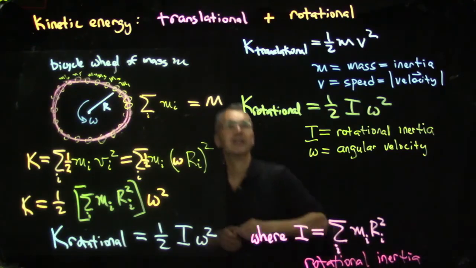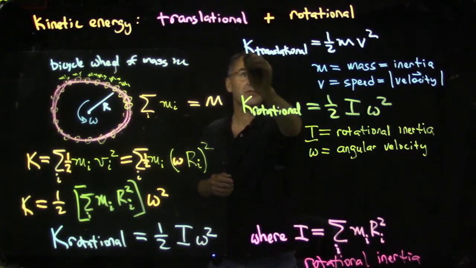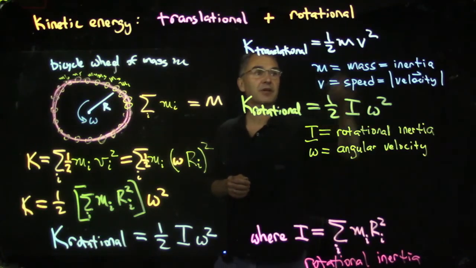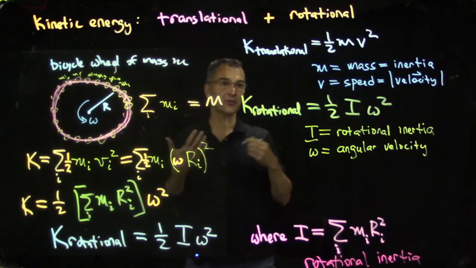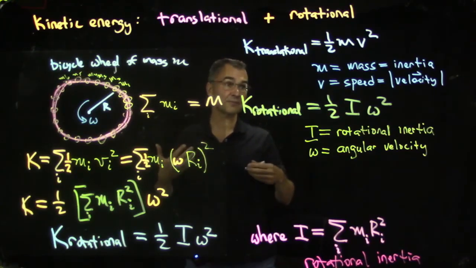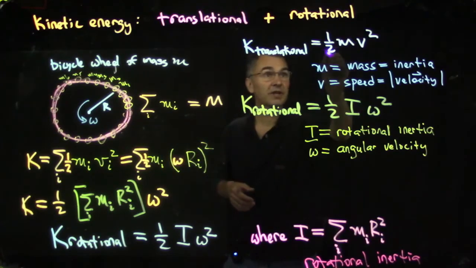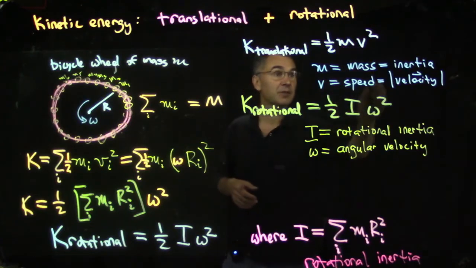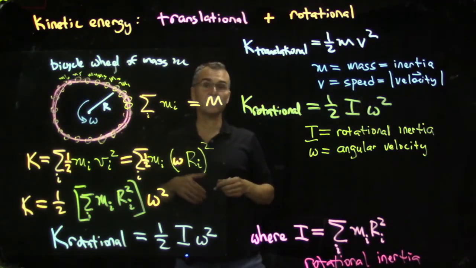So ordinary translational kinetic energy is 1/2 mv squared. Here m is the mass, which we also call inertia. Mass is inertia. Inertia is mass. So this is 1/2 times the inertia times the square of the speed, and the speed is just the magnitude of the velocity.